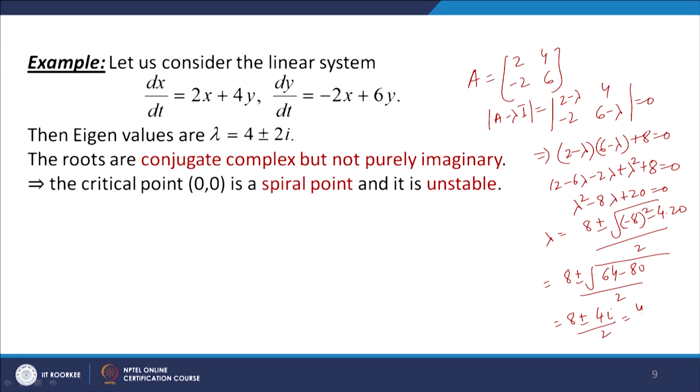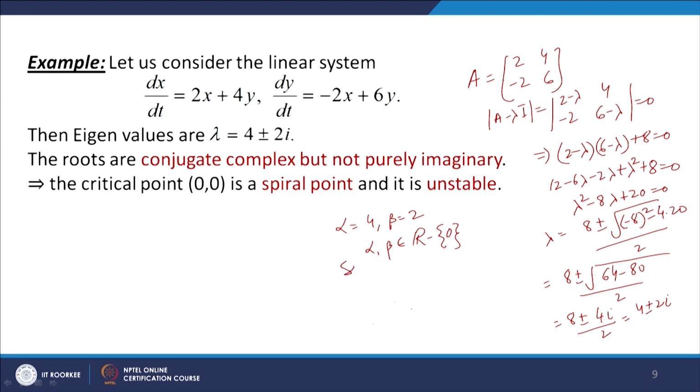So we get 4 plus or minus 2i. So the eigenvalues are lambda = 4 plus or minus 2i. They are conjugate complex, where alpha is 4 and beta is 2. So alpha and beta both belong to R minus 0; they are non-zero real numbers.